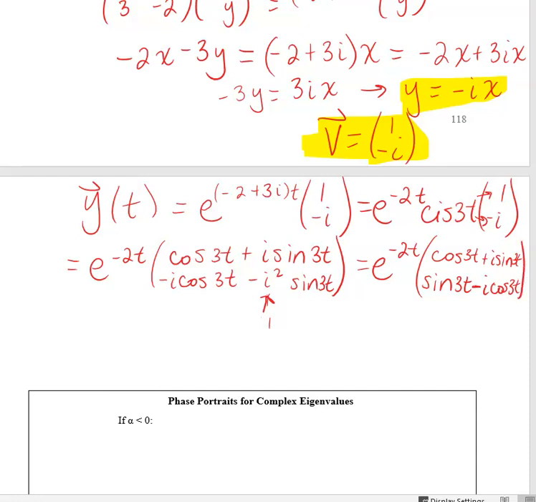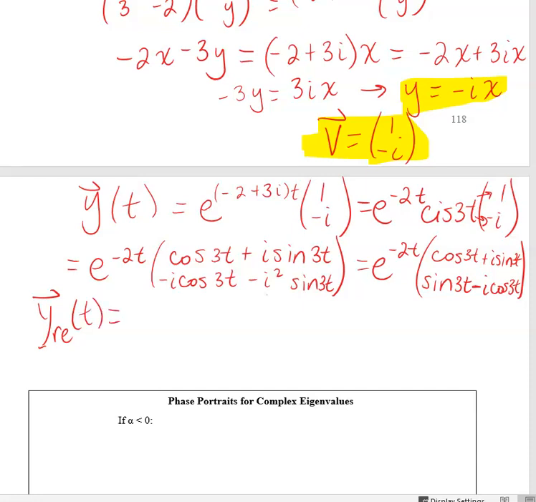So here's kind of the grand finale. To get the general solution, we need to simplify this and identify which part is the real part and which part is the imaginary part. So I'm going to write my general solution as the real part first.